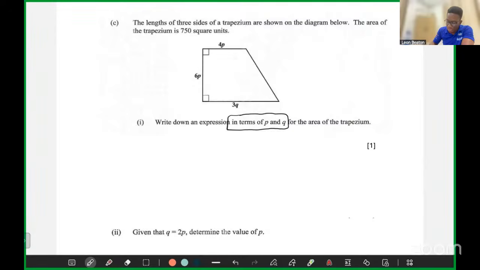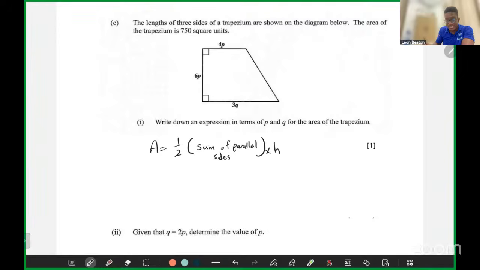So let's go. We're dealing with area of a trapezium. The formula to find the area of a trapezium is half the sum of the parallel sides multiplied by the height.